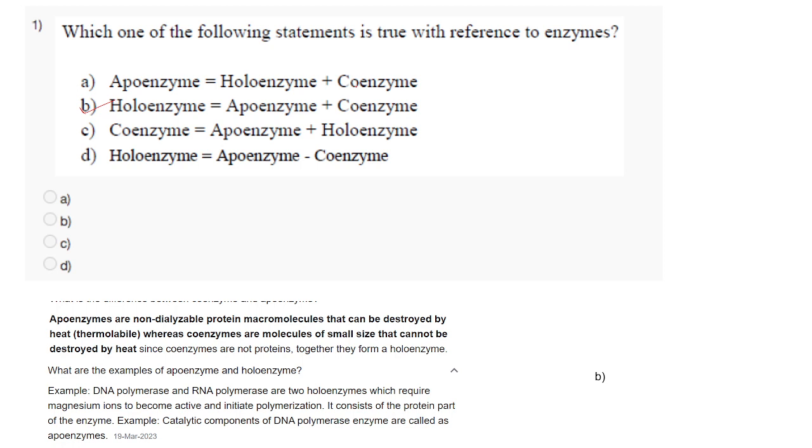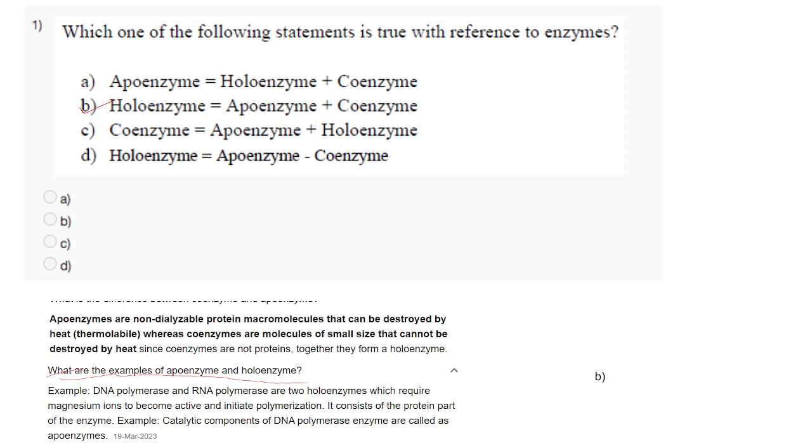What are the examples of apoenzyme and holoenzyme? DNA polymerase and RNA polymerase are two holoenzymes which require magnesium ions to bind to become active and initiate polymerization.